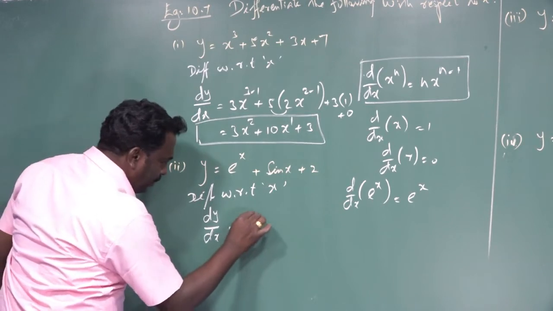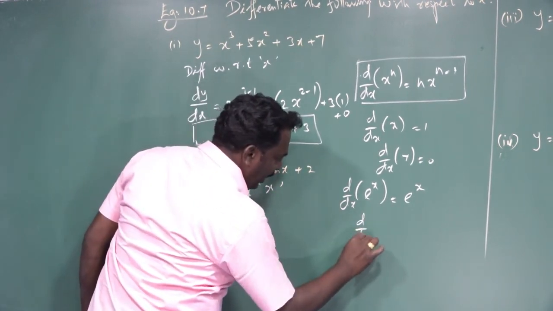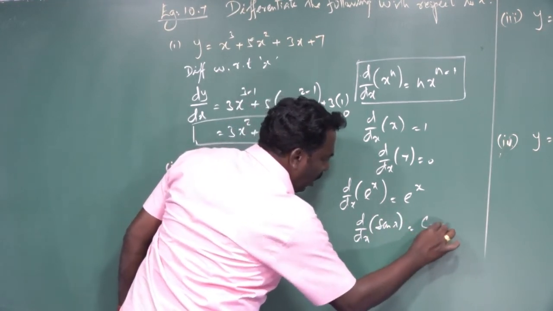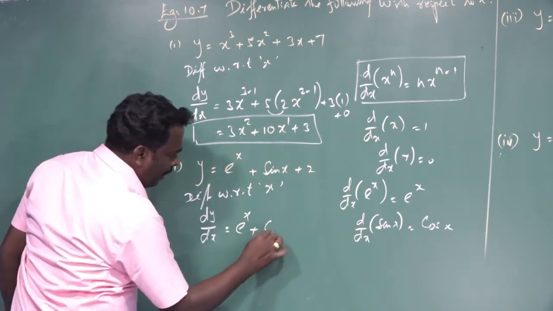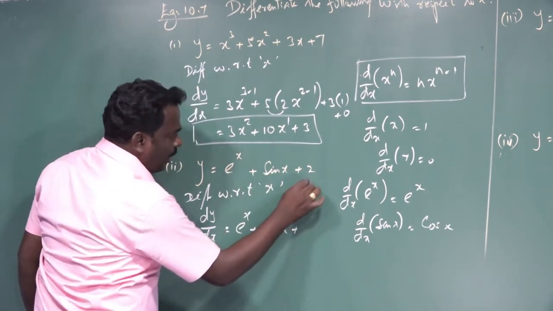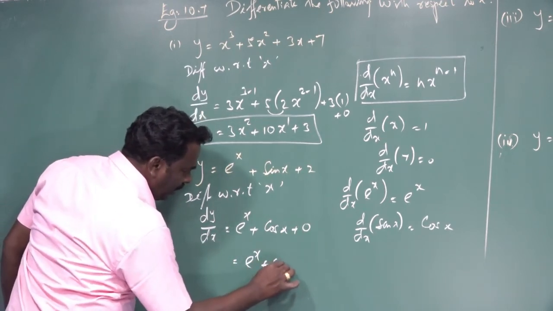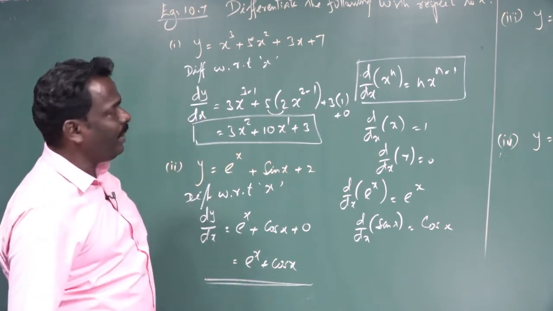Therefore e power x becomes the same, plus the differentiation of sine, d by dx of sine x becomes cos x. Then the constant becomes 0. Therefore e power x plus cos x is called the derivative of the given y function.